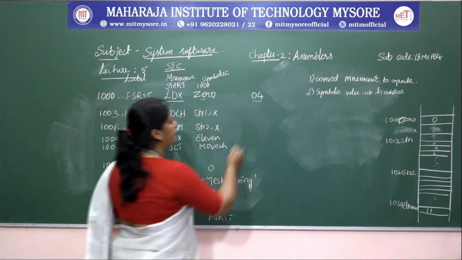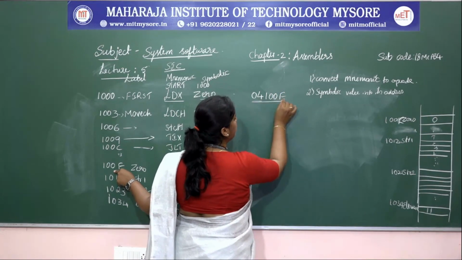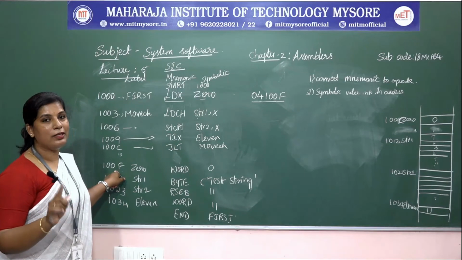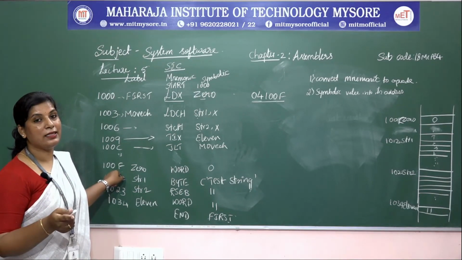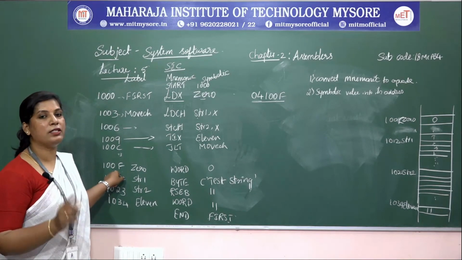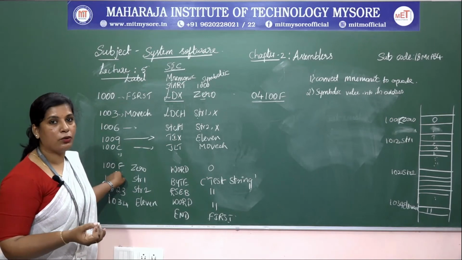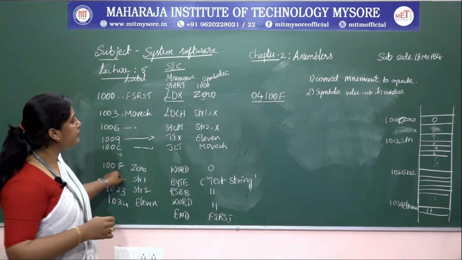It is 100F. So we write 100F here, and this is the object code for this instruction. Because it is direct addressing mode, in SIC it is very easy to get the object code, but in SIC/XE it is not like that. For everything we have to find the displacement value and then write the object code. So we take a SIC/XE program also to explain the same, right.